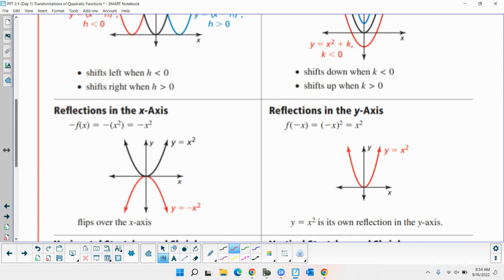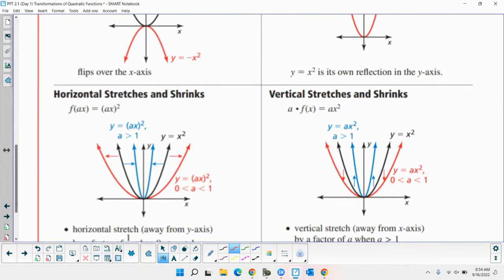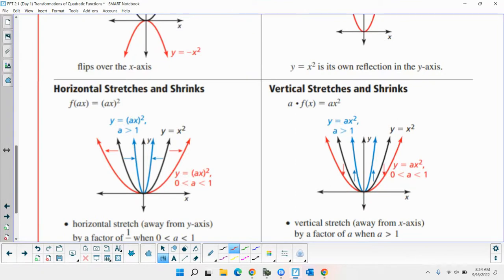So if you reflect this parabola, this red one here, in the parent function spot, about the y, if I fold it on the y-axis, a vertical line there, they just go on top of each other, exact same thing. It's its own reflection.